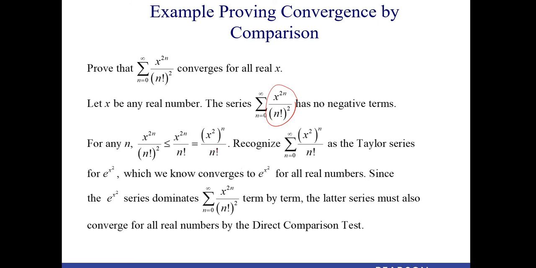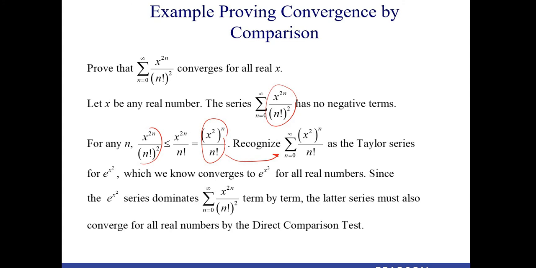I'm going to rewrite the top function. So again, my function is always smaller than this. This is the Taylor series for e to the x squared. You see how important that list of known series is. You need to know what the known series are.